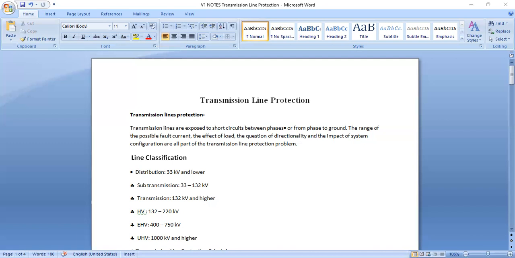So this type of protection is known as the distance protection, and it is also called under impedance protection. Then the transmission lines have a large length and are exposed to different atmospheric conditions, so the chances of occurrence of faults are more.